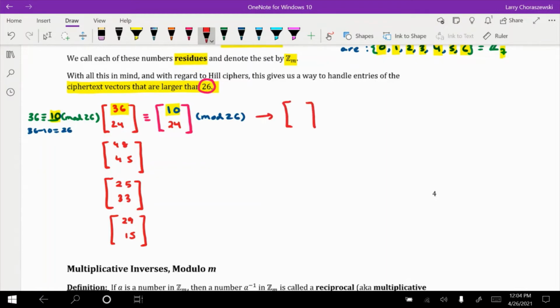Which means that the letters that we encrypt the plaintext letters to would be, let's see, 10 corresponds to J, and 24 corresponds to X.